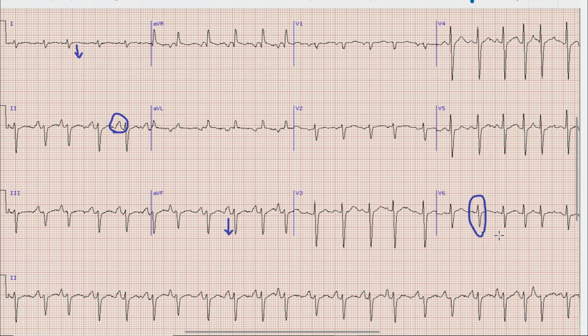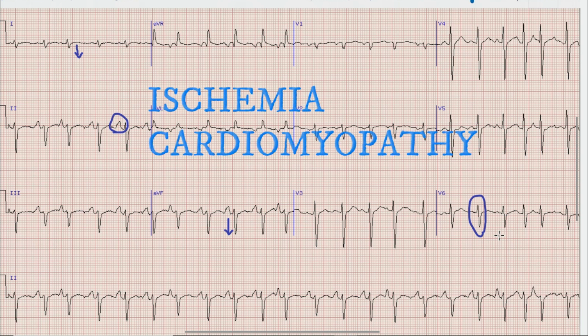Normally, this transition zone lies at lead V2 or V3, but in this case, the transition zone is in lead V6. There are multiple causes of delayed transition zone or poor R wave progression, which include ischemia, cardiomyopathy, COPD, etc.